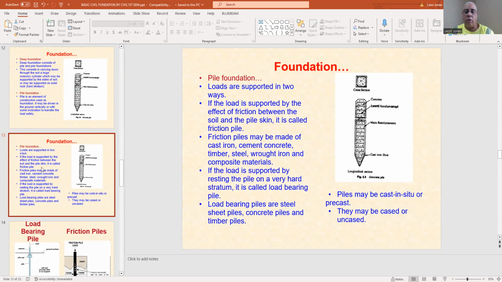Now, if the load is supported by resting the pile on a very hard stratum, it is called a load-bearing pile. Load-bearing piles are steel, sheet piles, concrete piles, and timber piles. Piles may be cast in situ or precast, or they may be cased or uncased.